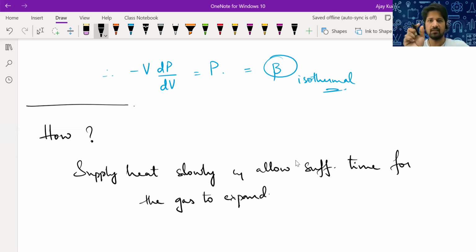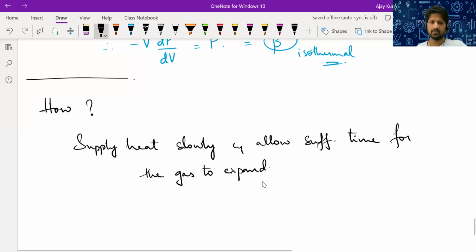Next, you again supply a little bit of heat. Temperature rises a little bit, but if you again give time for it to expand, temperature will come down to the initial value. So that way you keep supplying heat slowly, the gas will keep expanding without significant change in temperature. That is how an isothermal process is carried out. Okay.